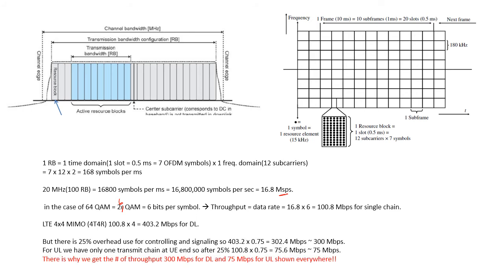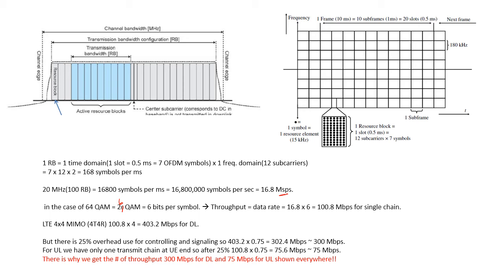But there is a 25% overhead normally, which is used for controlling and signaling. So the 403.2 we need to times by 0.75 to get the final 302.4 megabits per second in the downlink, or more commonly said as 300 megabits per second.